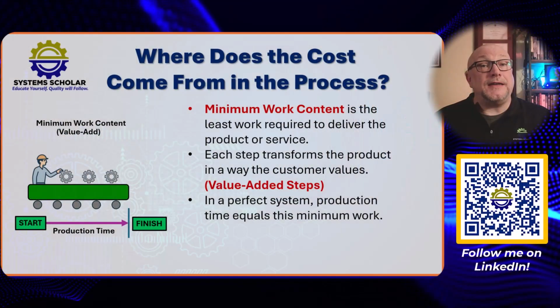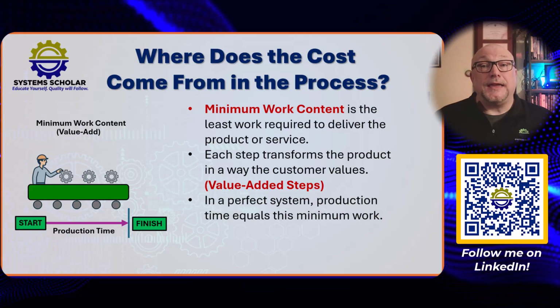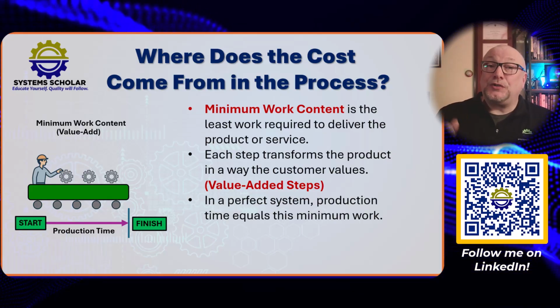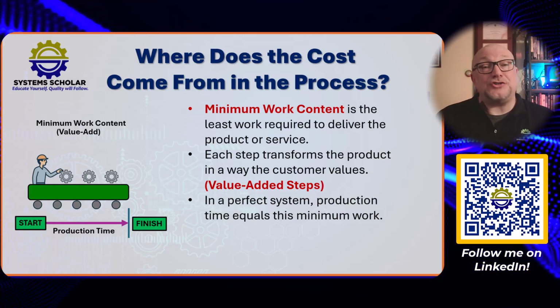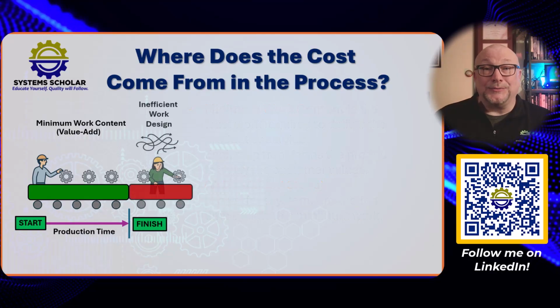Time that does not transform the product, time that adds cost without adding value. Some of it can be eliminated, some of it can only be reduced. But the objective is clear. Minimize non-value added time and move the system as close to true value creation as possible.